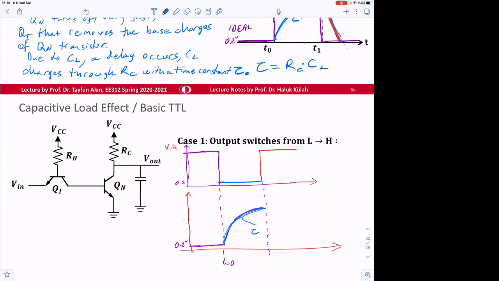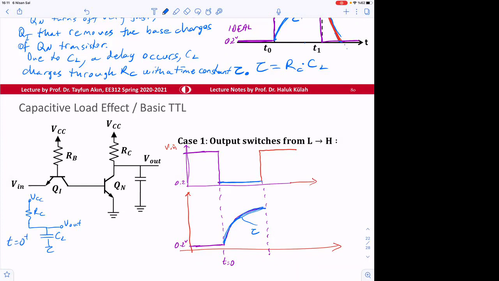So we say that this is operating with tau, and then the equivalent circuit is like this. So the transistor becomes off, and then here CL, VCC and RC, and this is V out. Okay, and then the V out at this is the time t is equal to 0 plus.